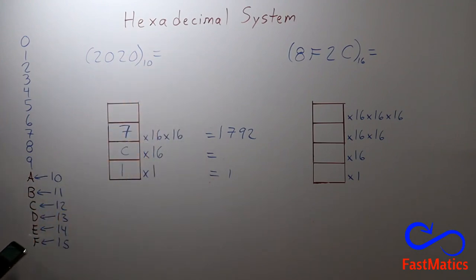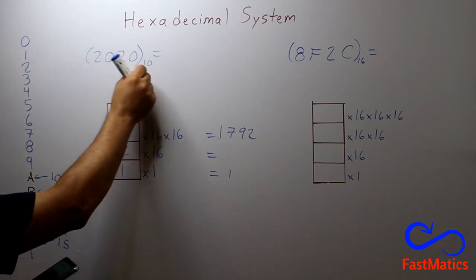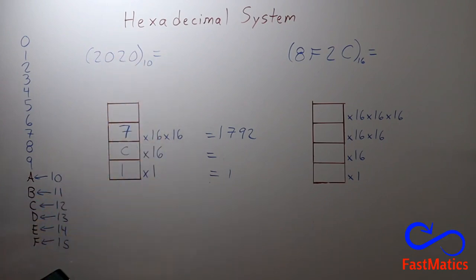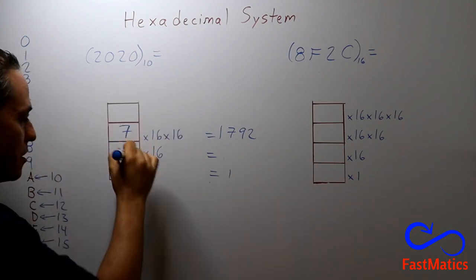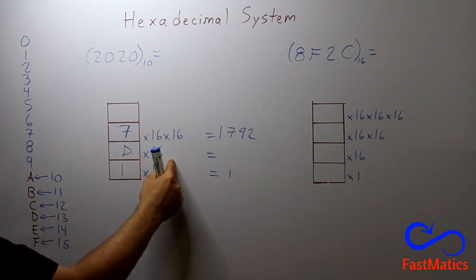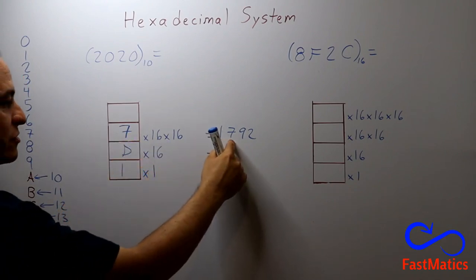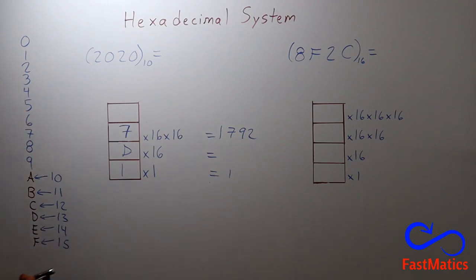12 times 16 plus 1792 is 1984. It is almost 2020, but it is not 2020. So let's try with 13. 13 times 16 plus 1792 is 2000.